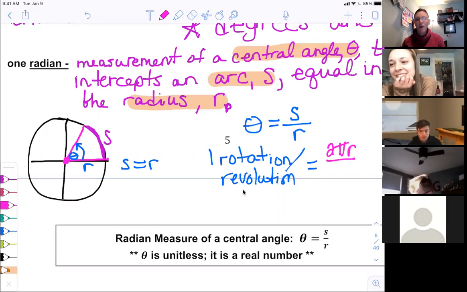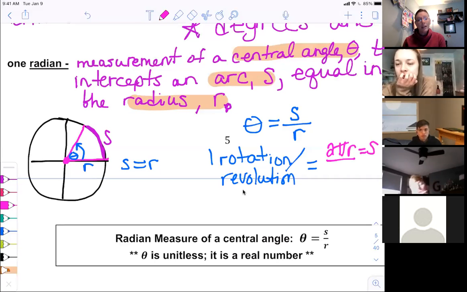So if I want to go around the circle 1 full time, 1 rotation, 1 revolution, that distance is 2 pi r. That's actually s, the arc length. So instead of saying circumference, we're saying circumference is the length of the arc. So our circle now has an arc.